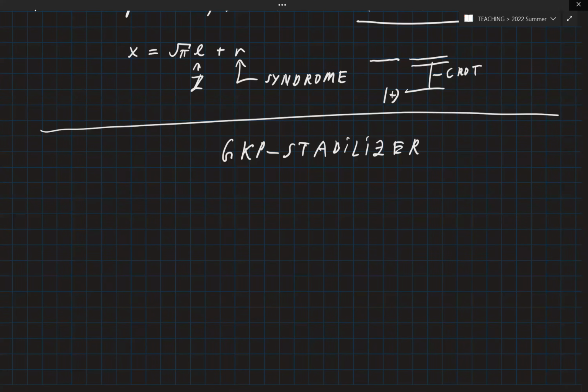This is something that was thought to be impossible until about 5 years ago, when a friend of mine and collaborators cooked this up. And it's very much based off of a GKP code. Now remember, a GKP code on N modes consists of 2N stabilizers. When we had one mode, we had 2 stabilizers, S1 and S2, one in the position, one in the momentum.